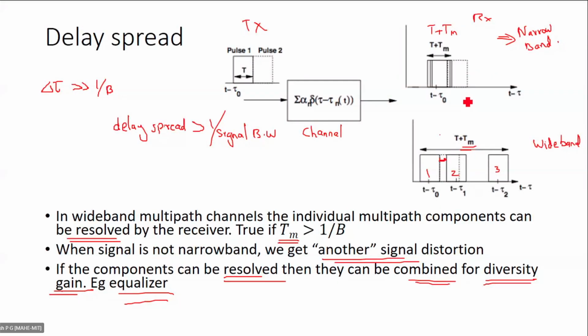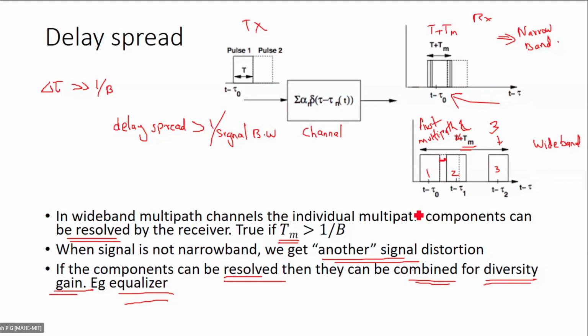Where multiple components are kept together, it is called narrowband. But if the first multipath, second, third, etc. are kept apart, then we call that kind of system a wideband channel.